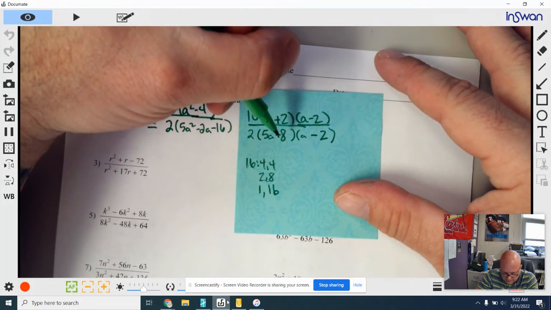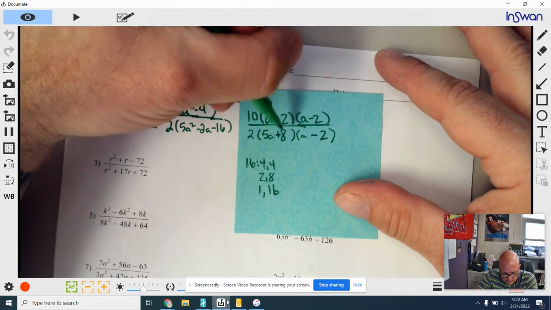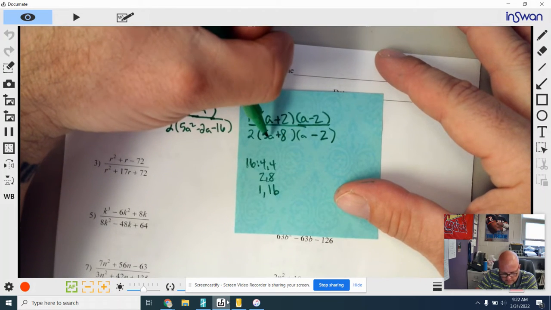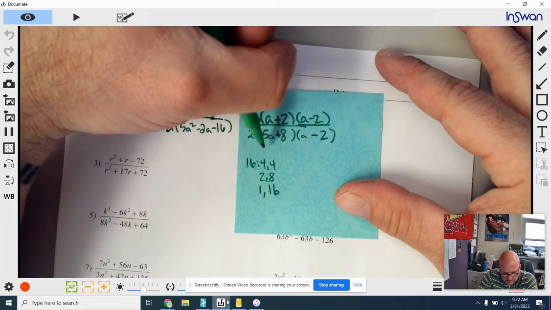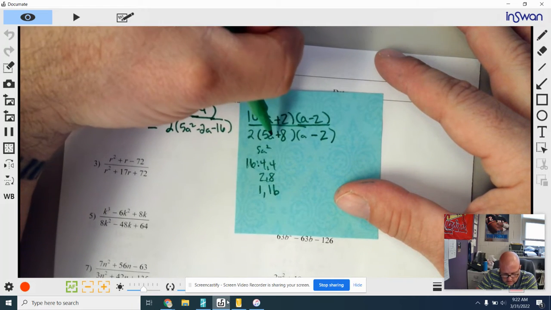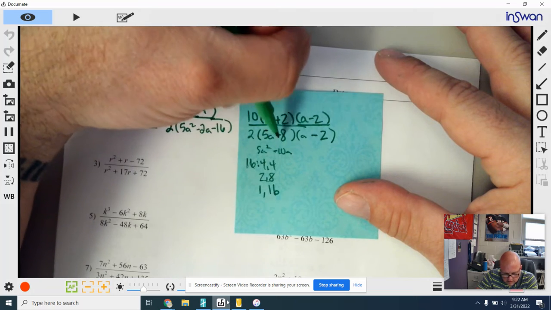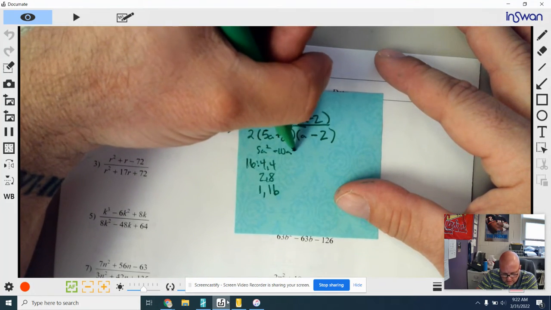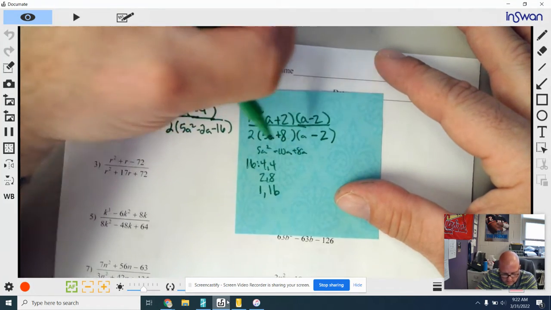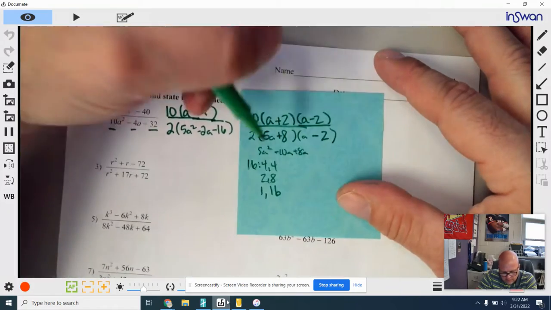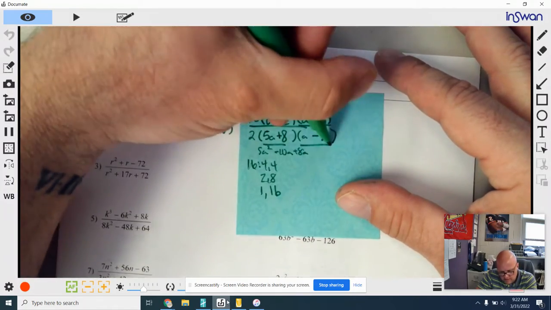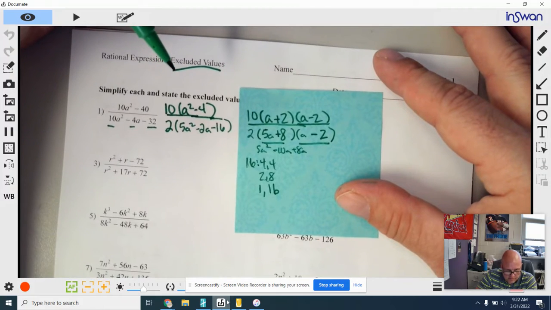So let me go ahead and work this one out. 5a times a is 5a squared. 5a times negative 2 is negative 10a. 8 times a is positive 8a. So that is going to work because that gives me that negative 2a. So this is going to be totally factored out there.